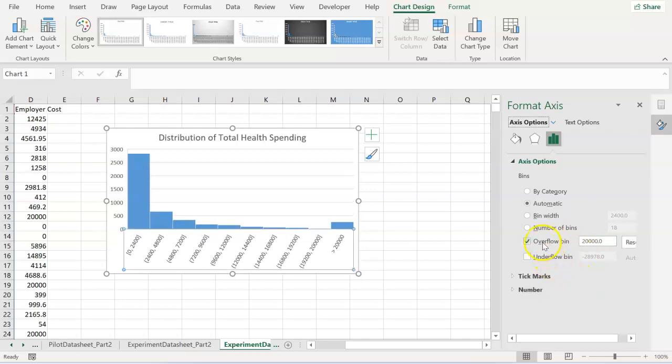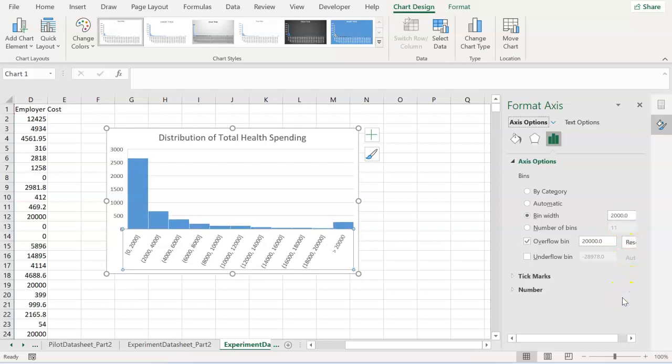And here I have 10 bins, and the numbers seem okay. I can do my bins, like my intervals by 2000. So I can go here, bin width, and then 2000. Enter. Okay, seems good.